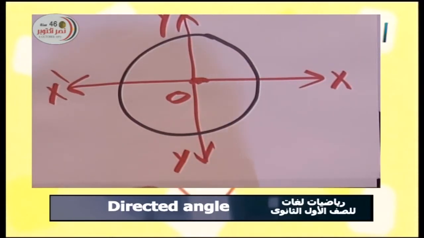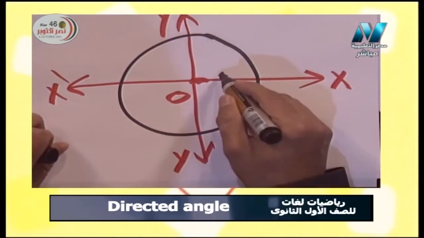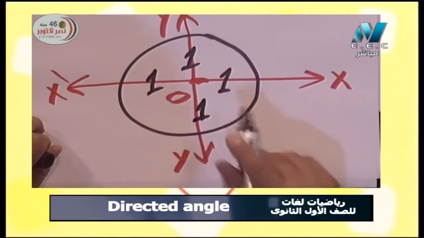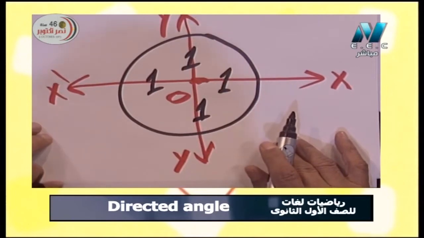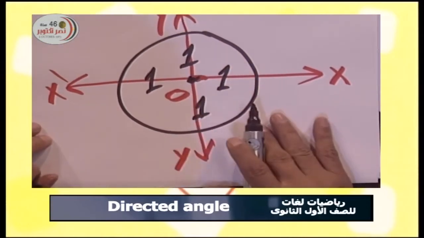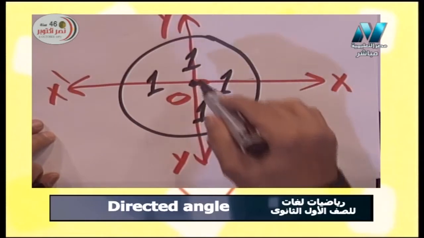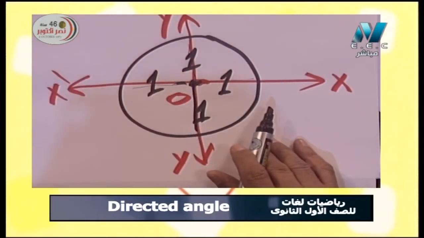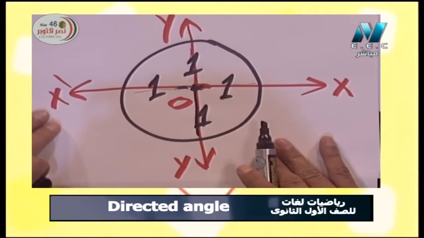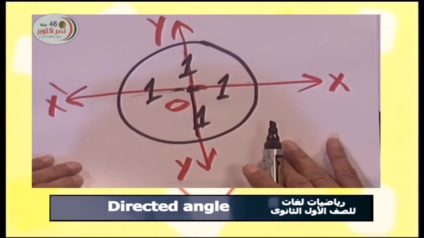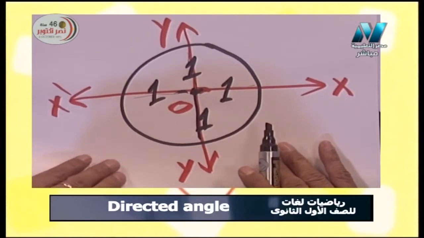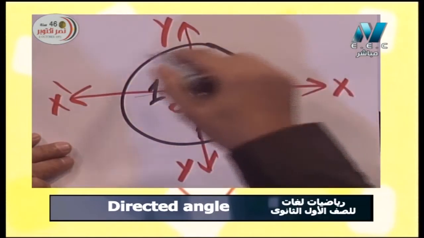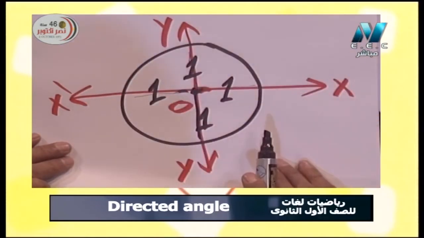If the length of the radius of this circle equals 1 unit, each radius equals 1 unit, we can say 1 centimeter, 1 meter, 1 kilometer, as we wish. If each radius equals 1, we call this circle a unit circle because its radius equals 1.